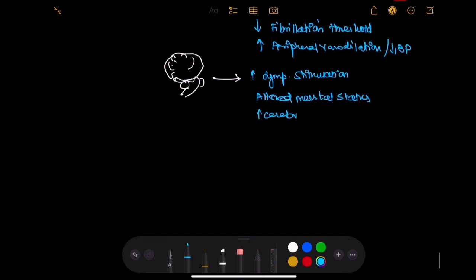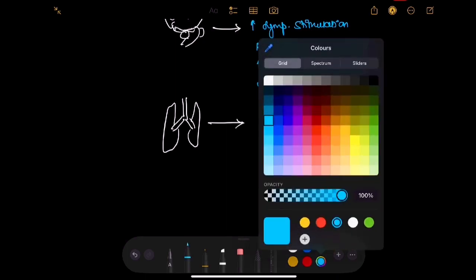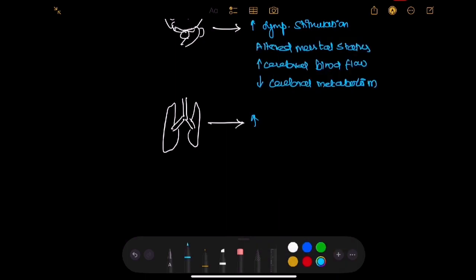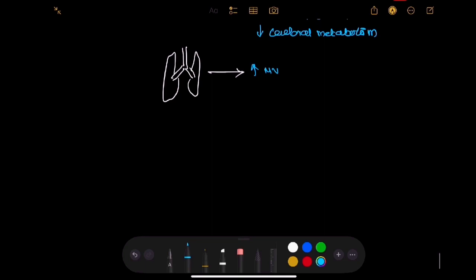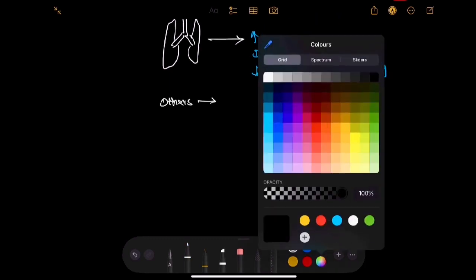In the case of cerebral manifestation, there is increased sympathetic stimulation, altered mental status, decreased cerebral blood flow, and decreased cerebral metabolism. In the pulmonary system, to compensate for the increase in acids, there will be hyperventilation, like increased minute ventilation, leading to dyspnea. Due to hyperventilation, there will be decreased diaphragmatic contractility.